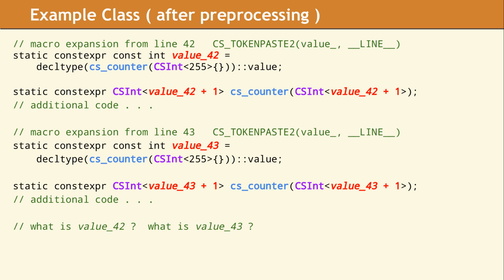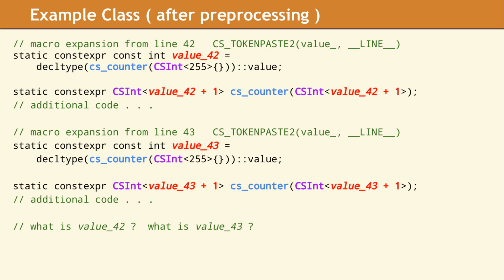This means that down on line 43, when we're initializing value 43, the answer to our what if question is going to be a wrapped 1. The reason for this is because 255 is slightly closer to 1 than it is to 0. So the overload of CSCounter that takes a wrapped 1 is a better match for 255 than the overload that takes a 0.